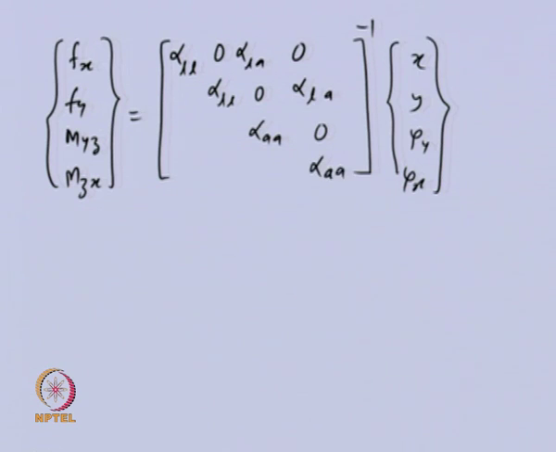So earlier we related x as alpha linear fx plus alpha linear angular mzx. Basically, all such relations which we had earlier I have put in a matrix form here.